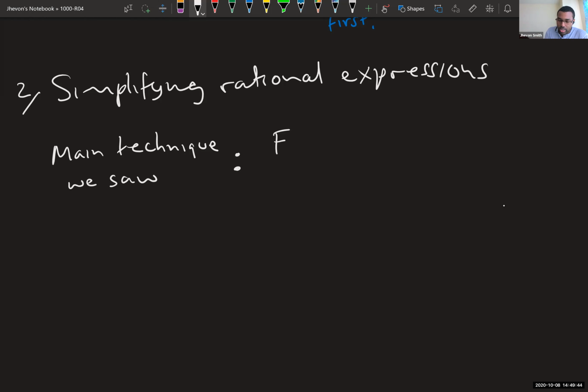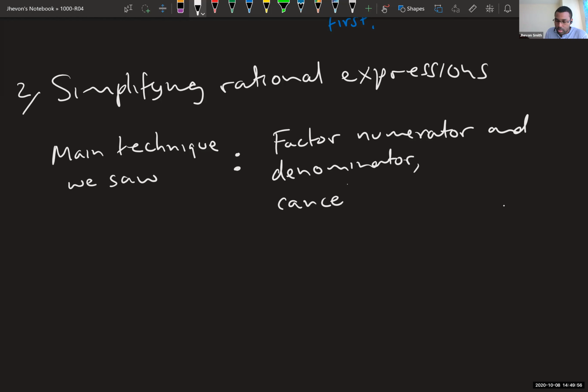So you factor numerator and denominator. Cancel common terms. Right? So factor, which was covered on the last quiz, so you know all the variations on factoring at this point.